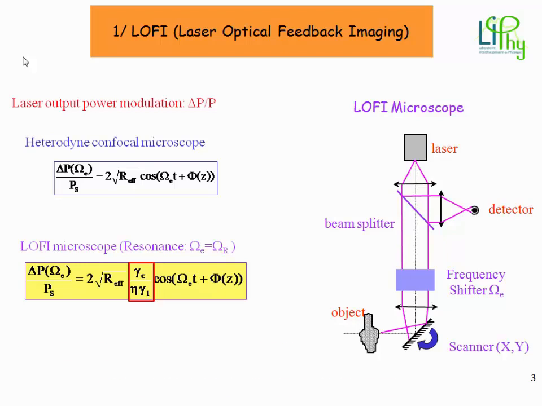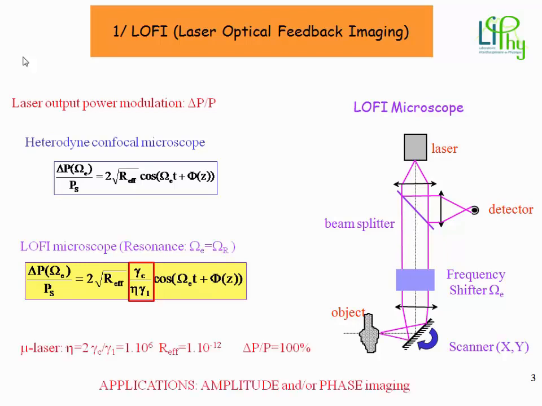With our laser, which is a microchip laser, a laser with a very small cavity, this damping rate ratio is of the order of 1 million. This means that a feedback reflectivity as low as 10 to the minus 12 leads to an output power modulation of 100%, which is very easy to detect. And the high sensitivity of the LOFI method comes from this resonant amplification, which allows very interesting applications in a very simple manner.